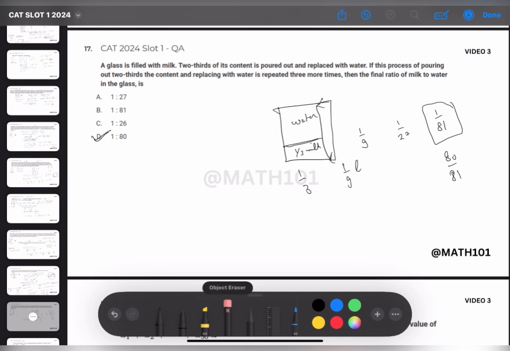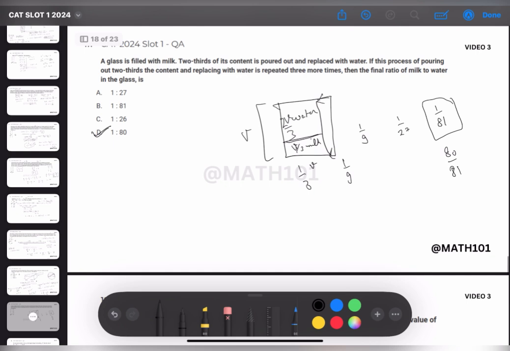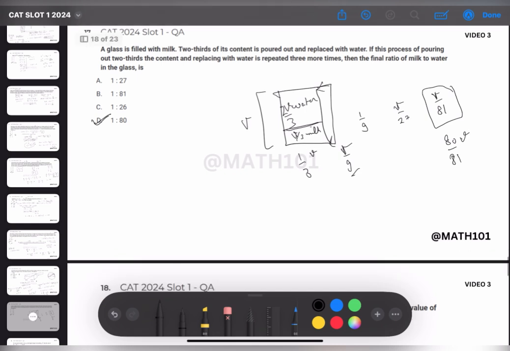Let the entire volume be V. So V/3 is milk, and 2V/3 is water. When 2/3 of this entire solution is removed, 2/3 of the milk is removed, and 1/3 is left. So 1/3 V, then 1/9 V, 1/27 V, 1/81 V. So 80V/81 is the amount of water. It's a straightforward question. The answer is D.